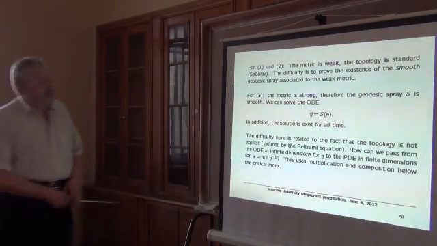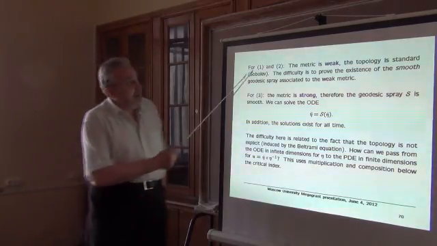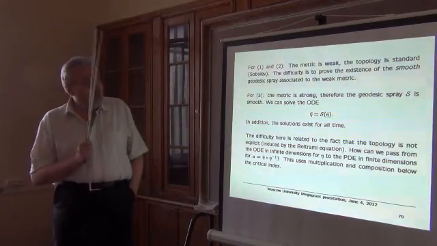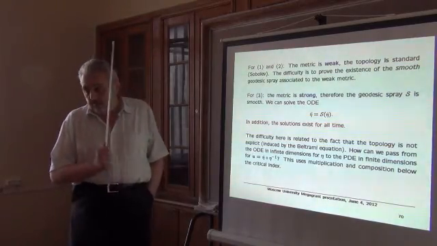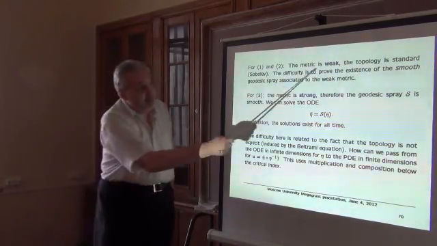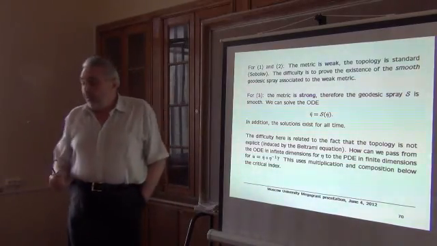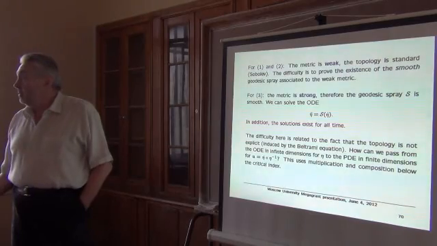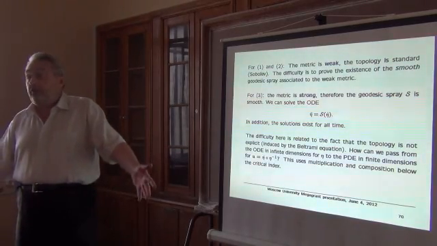So, there is a fundamental difference. In the first two problems, the metric is weak. You have enormous problems in analysis because the metric is weak. For example, how do you prove that you have a connection? Well, we know how to prove you have a Levi-Civita connection.